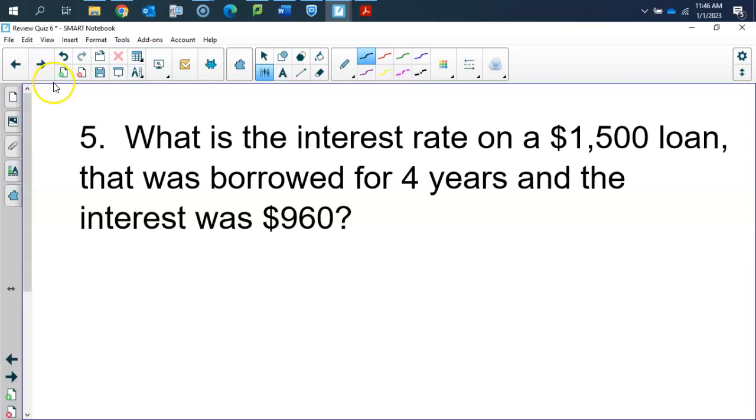Okay, number 5. What is the interest rate on a $1,500 loan that was borrowed for 4 years and the interest was $960? Go. Again, we're using our simple interest formula. I equals PRT. But in this case, we are looking for the rate.